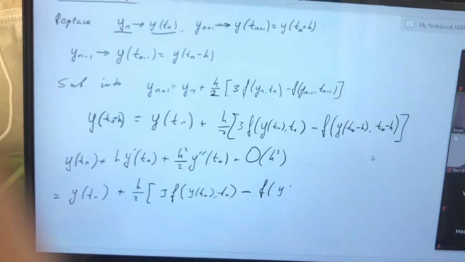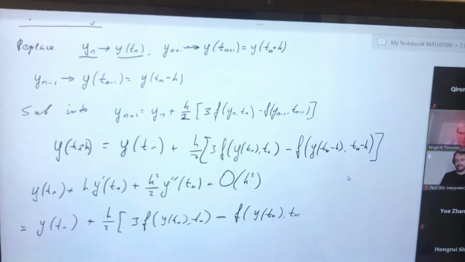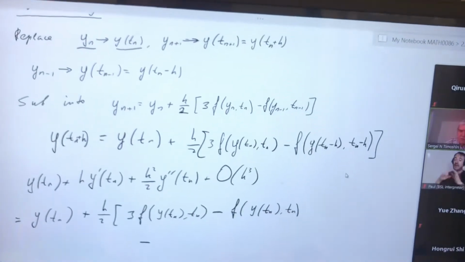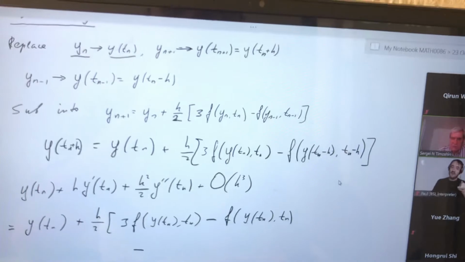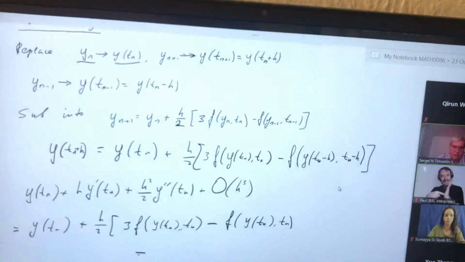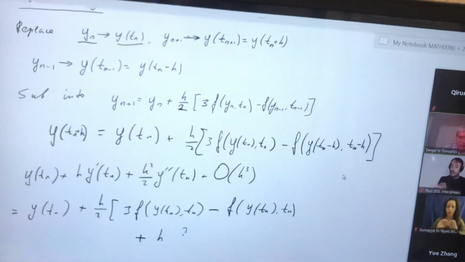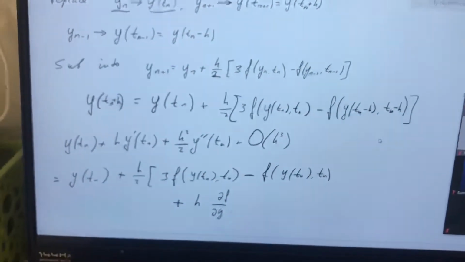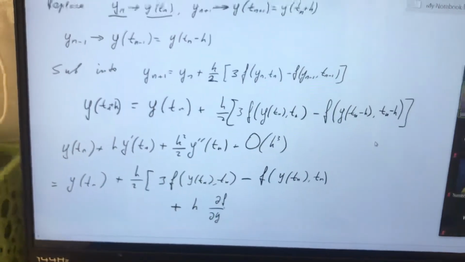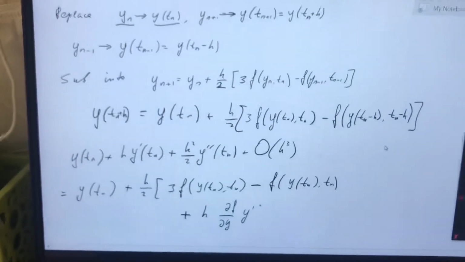I'll try to do it in one go. f at y at t_n. Then by the chain rule, minus df by dy, dy by dt times the small quantity h. It comes with a minus, so it will be minus times minus, plus h, df dy. I'm not going to write the arguments. It's the df dy computed at y at t_n times dy by dt, which is y prime at t_n.